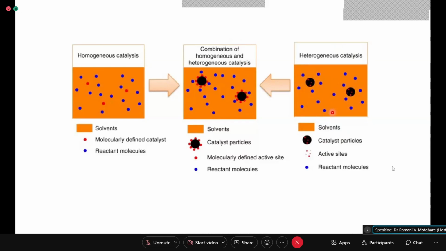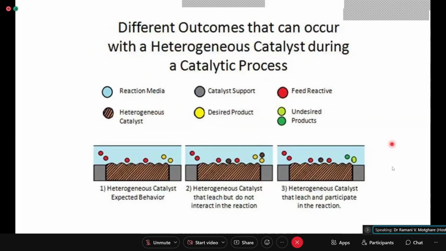This is a heterogeneous catalyst. Different outcomes can occur with a heterogeneous catalyst during a catalytic process. You have a reaction media, then you have a catalyst support.